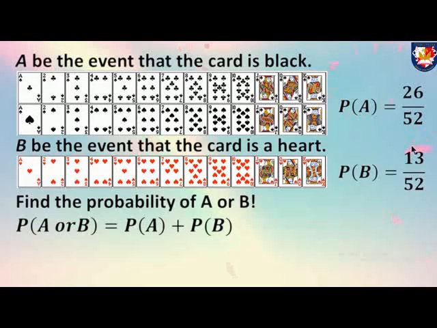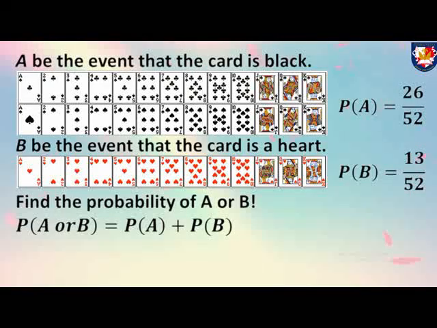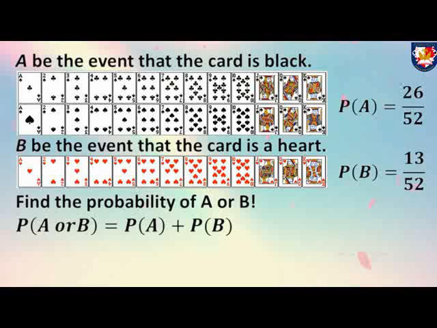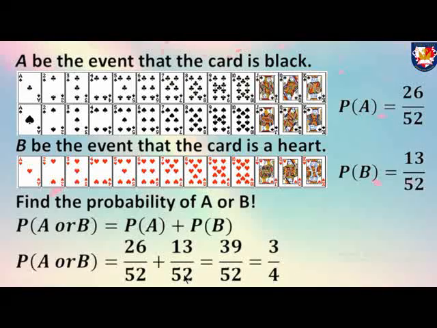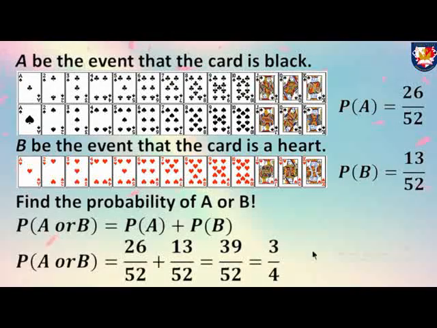Probability of B is 13 over 52 because there are 13 favorable outcomes and 52 total outcomes. So probability of A or B, remember this is OR, is 26 over 52 plus 13 over 52, which equals 3 over 4 in simplest form.